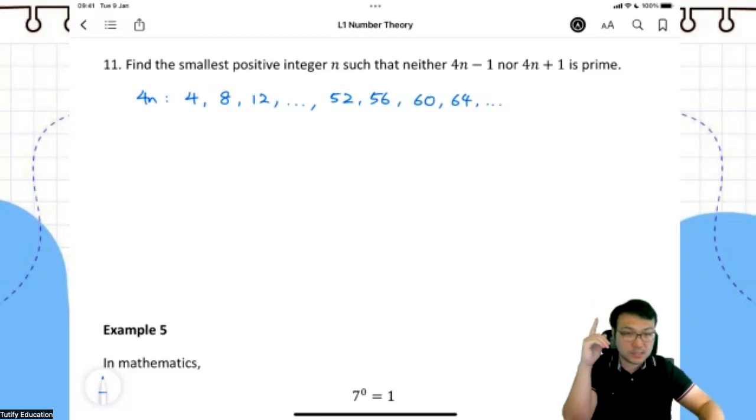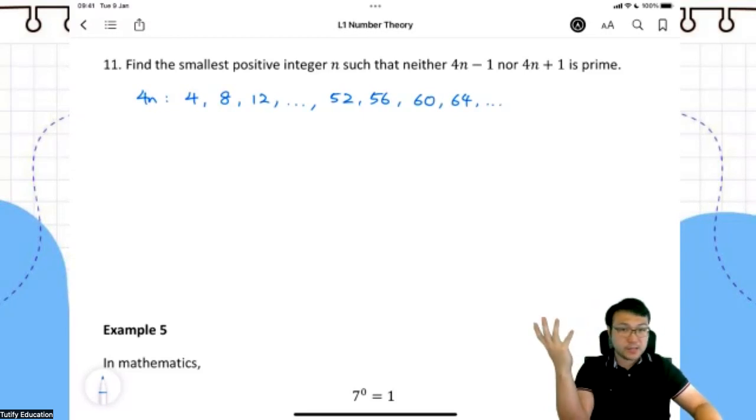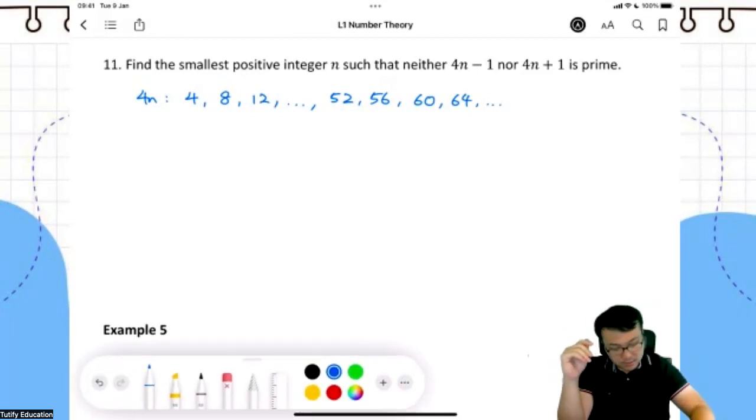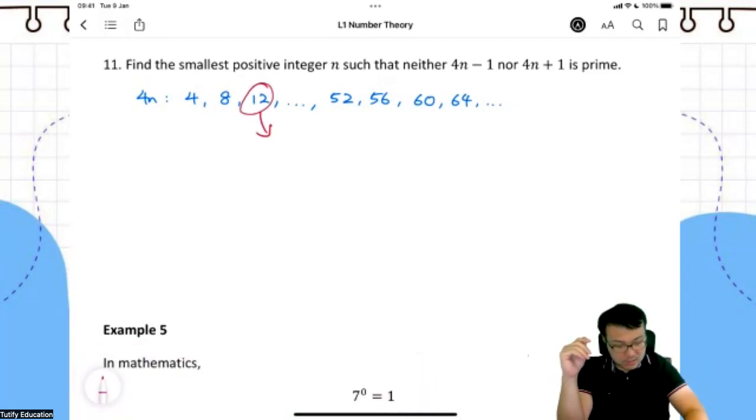So students, what does the question ask for? They want it to be such that if you take 4n, you minus 1, it cannot be a prime number. Or if you plus 1, it cannot be a prime number. Let's do an experiment. Let's try it out with this number. This is 4n, right? 4 times n. In this case, n equals 3.